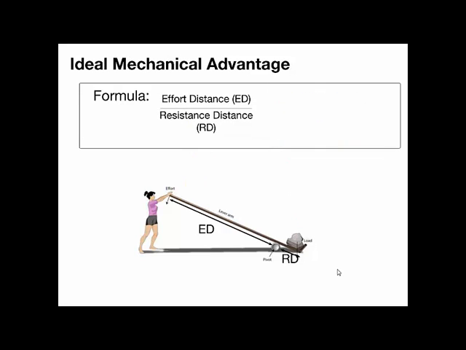When we're calculating the ideal mechanical advantage of a simple machine, we use a different formula. Like we said earlier, we use distances. So the formula for ideal mechanical advantage is effort distance divided by the resistance distance.